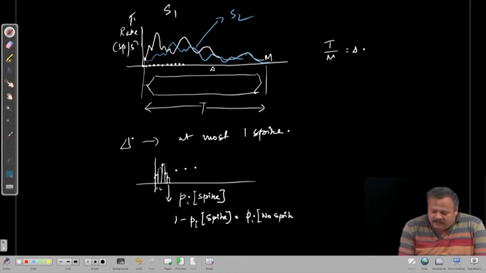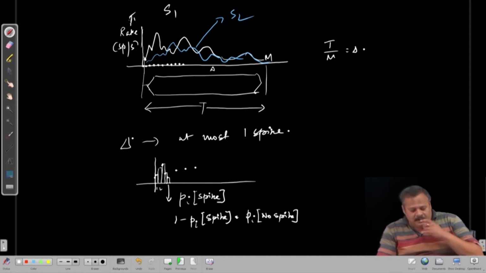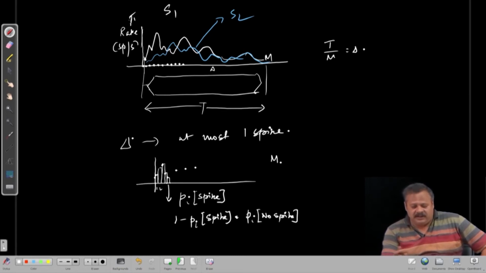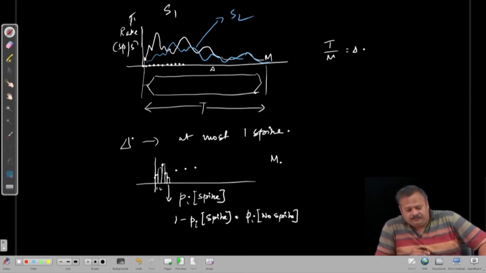No spike in the ith bin. So we now have capital M random variables, that is, capital M different bins, and each of those can take on two values, either a spike or no spike. Let us call them 1 or 0.